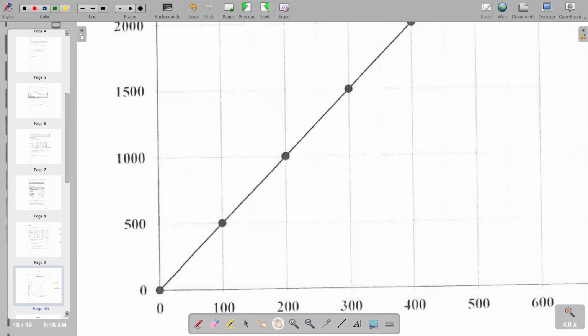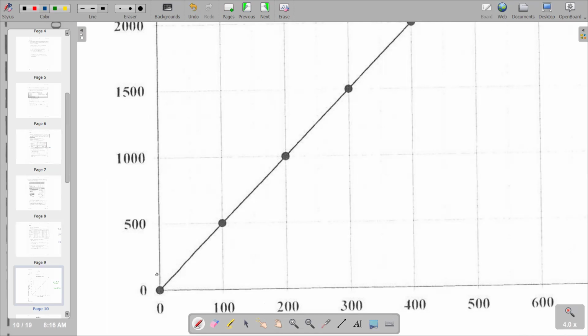According to the representation of the horizontal lines that we have between 0 and 100, we are going to see that we've got 10 there. So we are going to count 100, 200, 300, 400, 500.